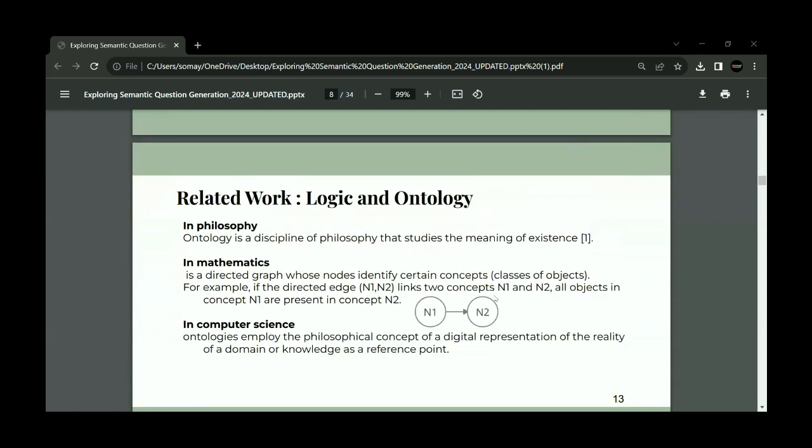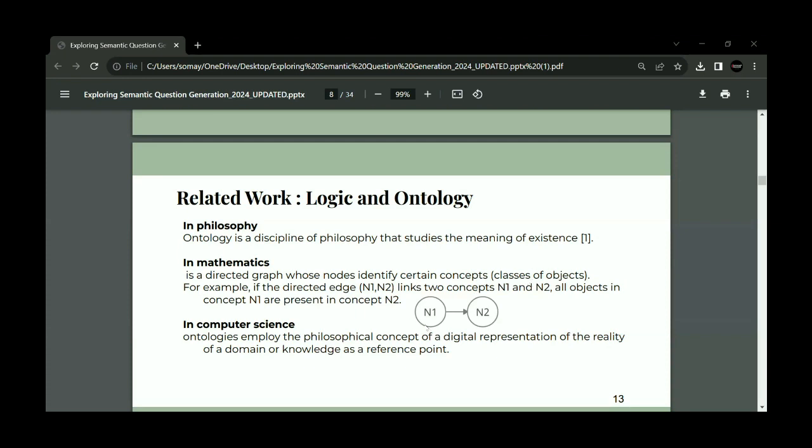So the ontology is a concept that is used in multiple domains, such as in philosophy. In philosophy, ontology is a discipline of philosophy that studies the meaning of existence. While in mathematics, it is a directed graph whose nodes identify certain concepts, class of objects.